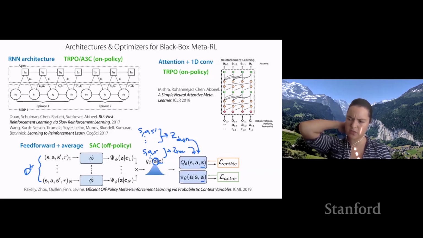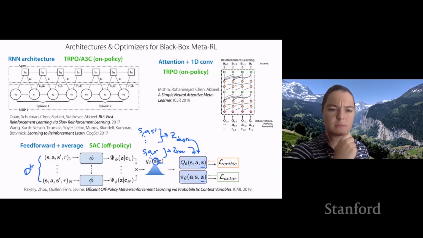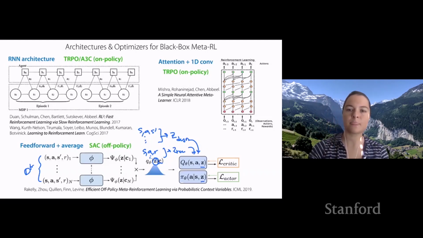The PEARL paper didn't do anything like this, and I don't know of any papers that do this, but it does seem like it could be helpful, especially if you know that some tasks share a reward function but have different dynamics, and other tasks share dynamics but have different rewards. Yeah, cool.